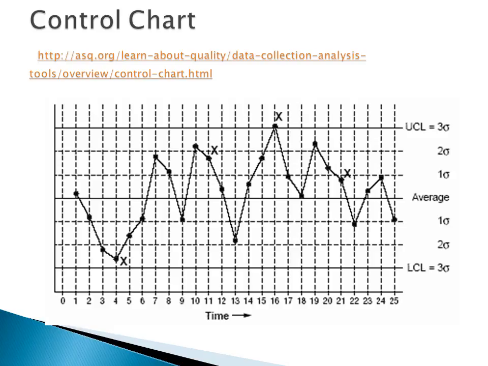If you start seeing a lot of trends going downward all in a row, then you may have a change. You may have some kind of special cause effect going on that you need to review. Same if you have all the plots going in an upward direction instead of this zigzag back and forth.